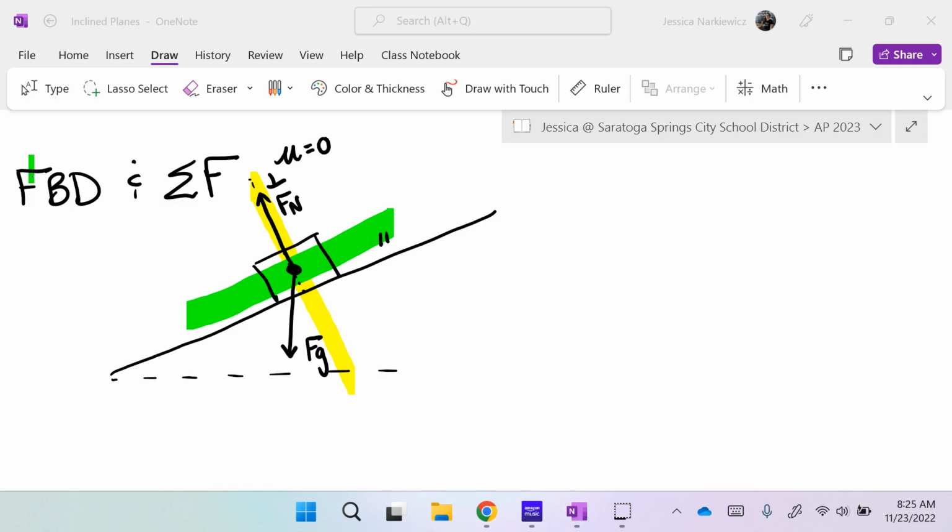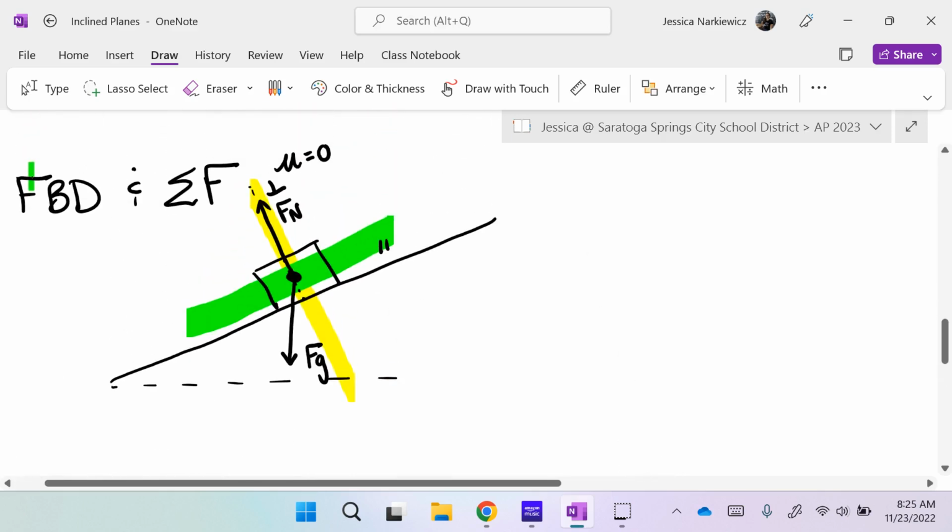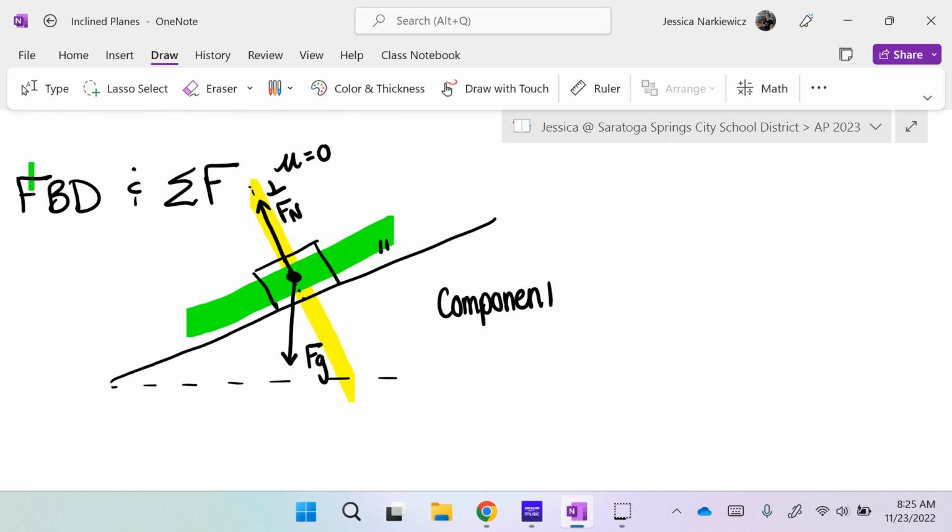That's great. But the force of gravity is not perpendicular or parallel. It's a little bit of both. So what that means is we need to find components of the force of gravity, much like we would need to find components of any force that's at an angle relative to our coordinate system.